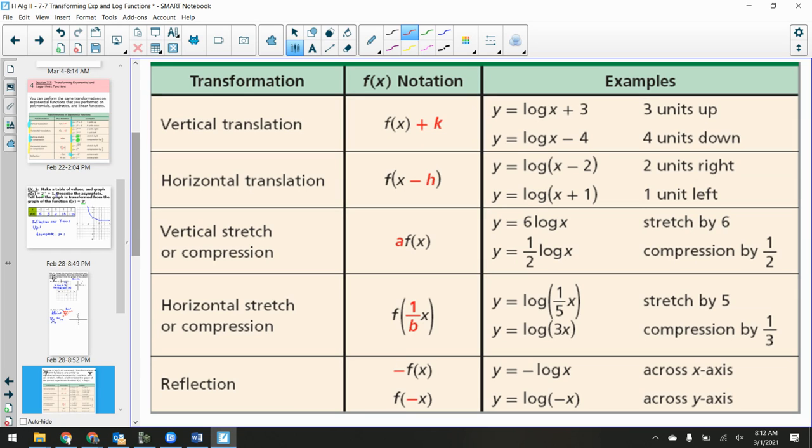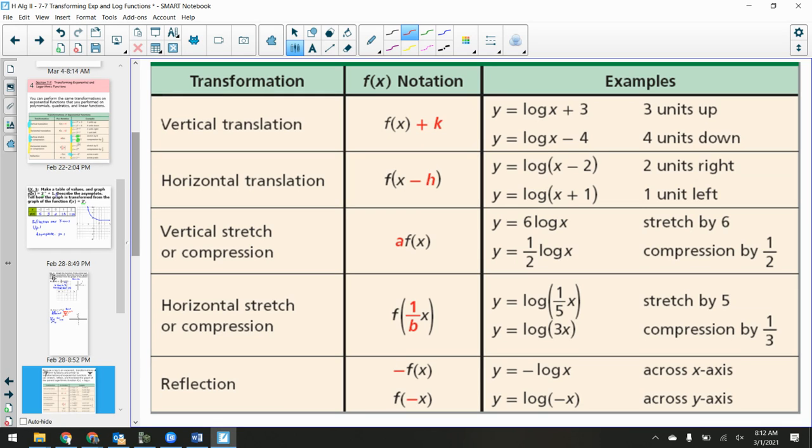Anything happening horizontal is happening within the logarithm, because anything horizontal is happening within an exponent, and what's inside of the logarithm is technically up in the exponent. So anything horizontal is happening inside the logarithm. Anything vertical is happening outside the logarithm.